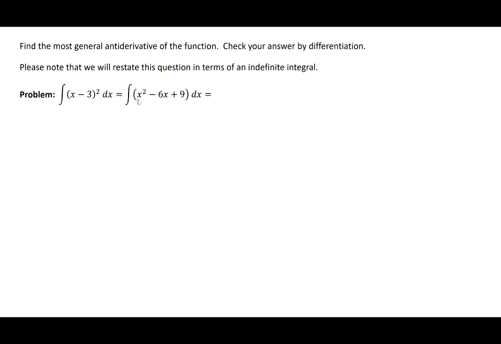Minus 6 times, can I yank the 6 outside? Yeah, it's a constant multiple, so I can yank that 6 out. What's the integral of x? Well, that looks like x to the 1. So n is 1. So the integral of x to the 1 is x to the 1 plus 1 over 1 plus 1.